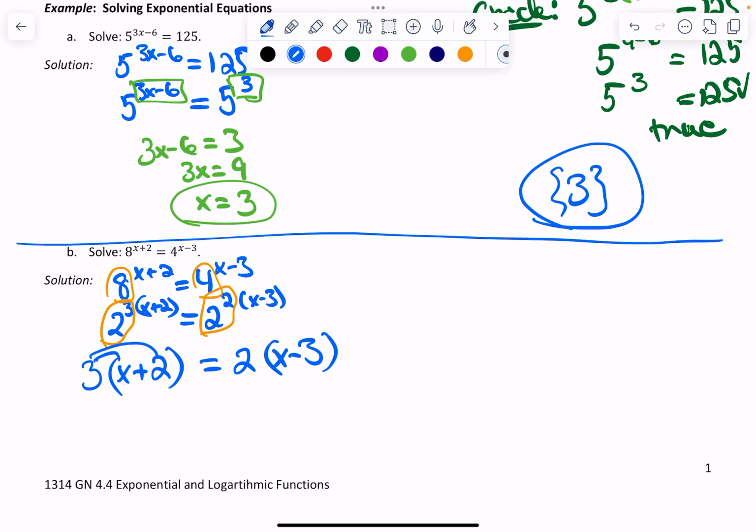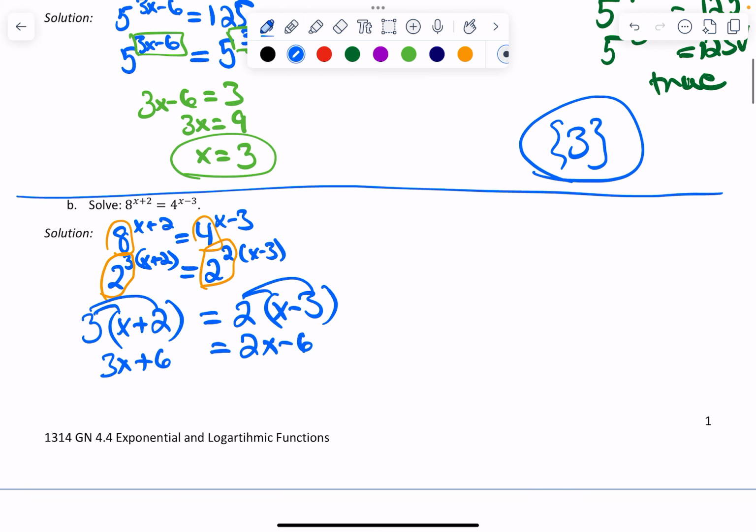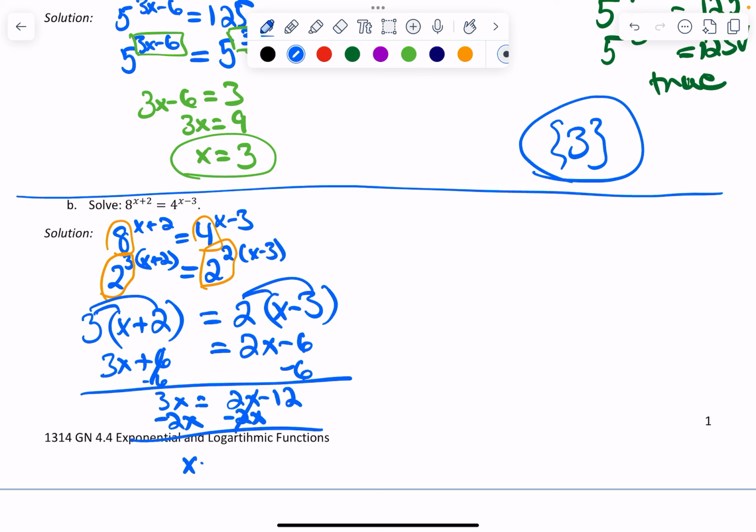We're going to distribute, so we get 3x plus 6 and 2x minus 6. Now I'm going to subtract 6 from both sides so that I'm moving it to the right. 3x equals 2x minus 12. I'm subtracting 2x from both sides so that I can move the x's. So x equals negative 12.